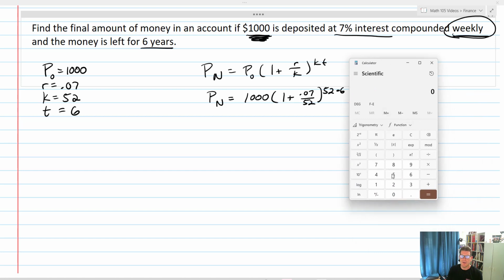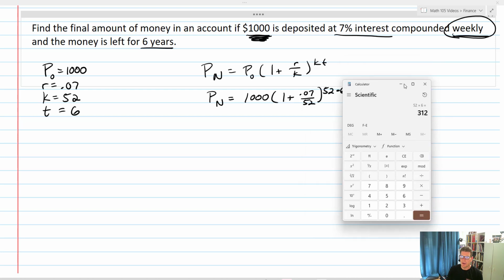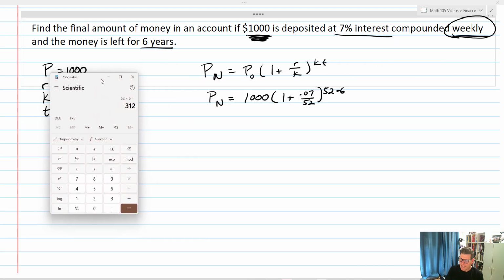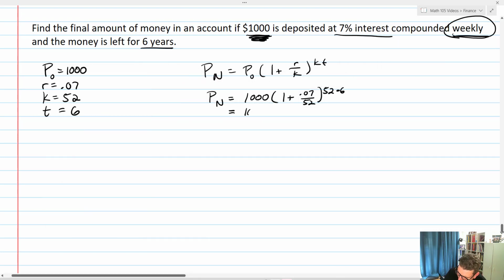So the first thing that I'm going to do is multiply that 52 times 6, and that's 312. So that's going to change this to 1,000 times 1 plus 0.07 over 52 to the 312th power.